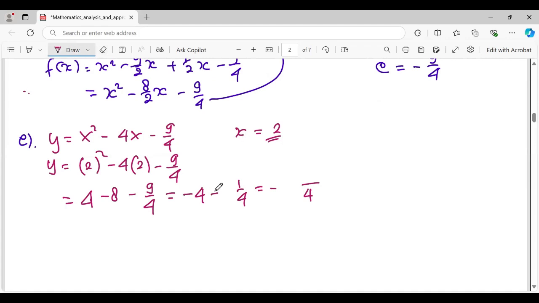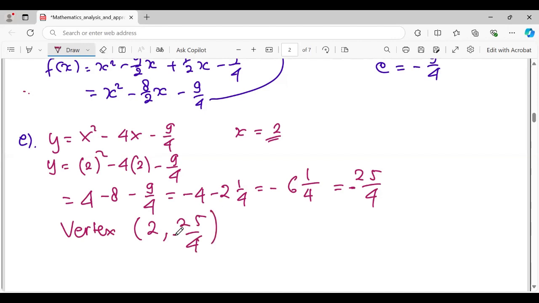So it becomes minus 25 over 4. This is the value of y, so minus here. So the vertex, I'm going to add here: vertex is 2 from the symmetry, and the value of y, minus 25 over 4.